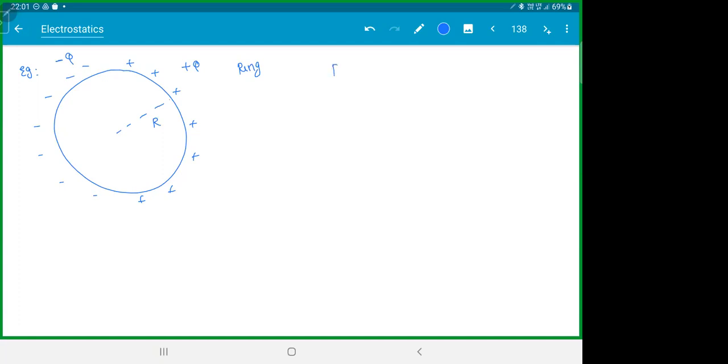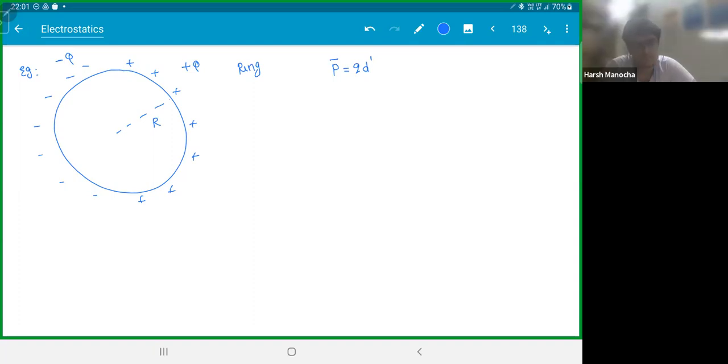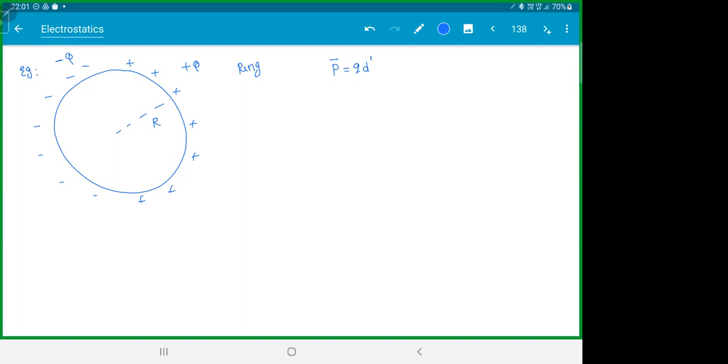What is the formula for dipole moment? P is equal to q into d to the power 1. What function is this? Linear function. If it's a linear function, who will come to help you? Center of mass. Remember? If the function is linear, what is the center of mass formula?